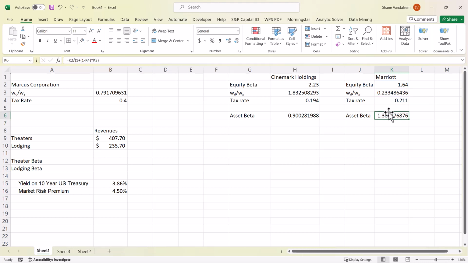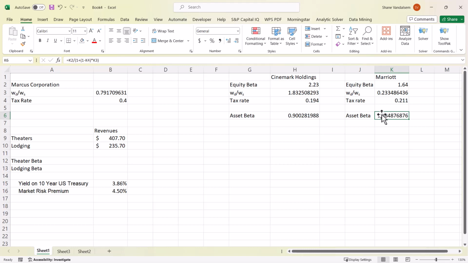So notice again that the asset beta is less than the equity beta. So when you calculate this, that's what you should find. If the company has debt, and it doesn't matter if it has a positive tax rate, the asset beta should be less than the equity beta.